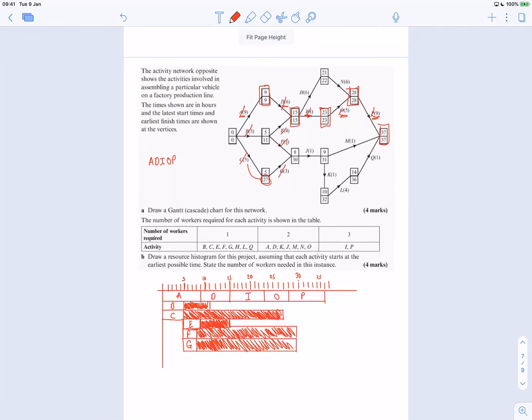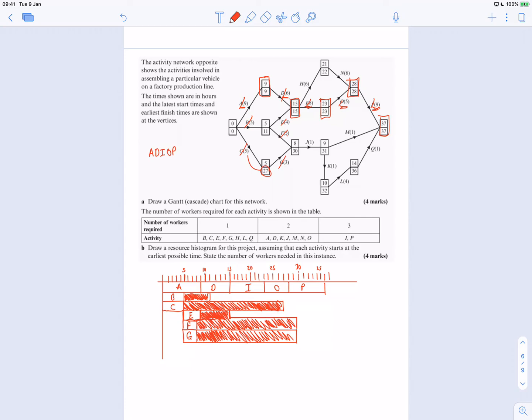Okay, next up, H. We start at 15, which is over here. And it's 6 long, so we're going to go up to 21. That's H. And it's got a slack of 1 because we can go up to 22. So that's H done.